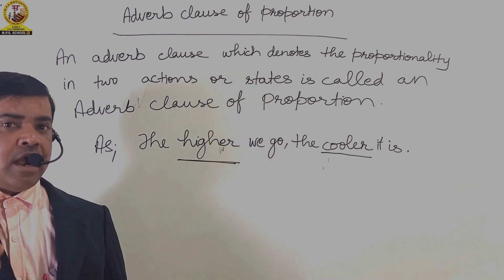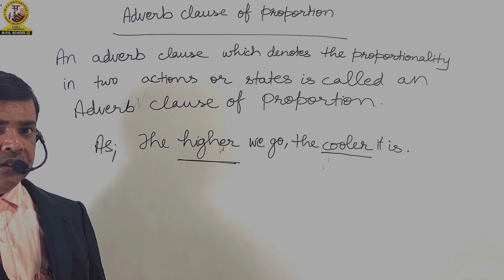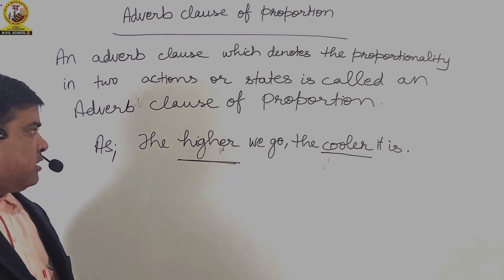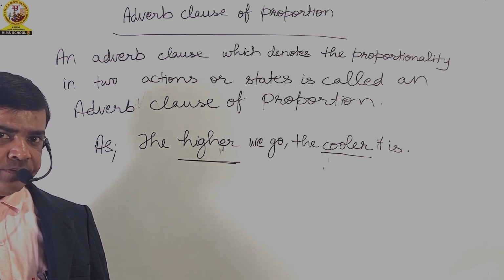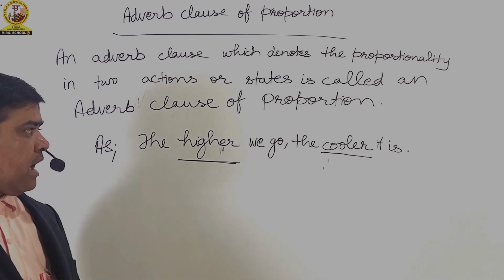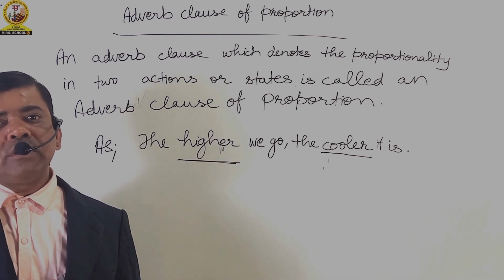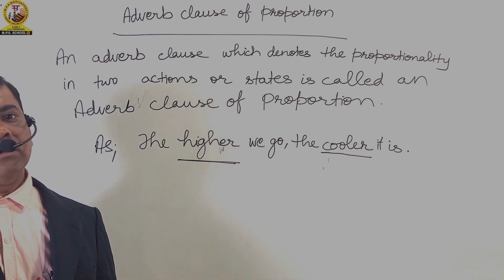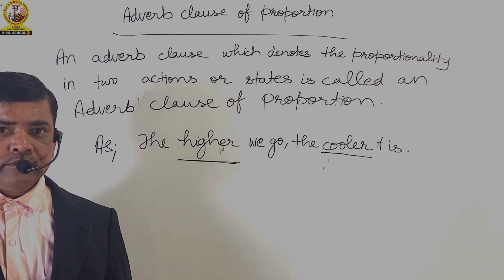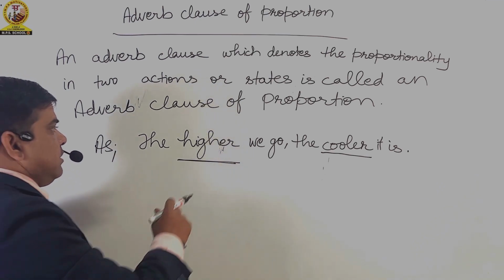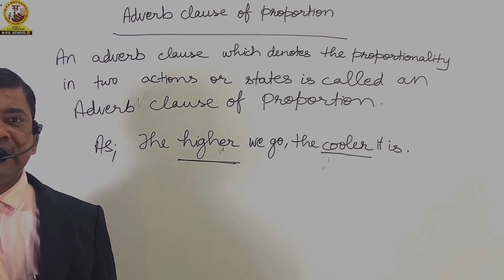In either part of the sentence, there is an adjective in comparative degree. So friends, higher and cooler, both are the comparative degrees of the adjectives high and cool. But here we are using it as adverbs.